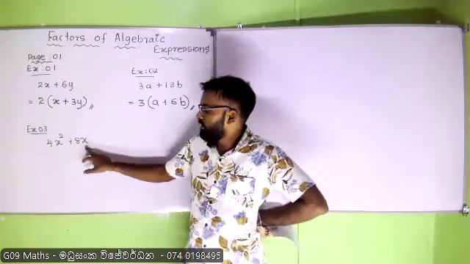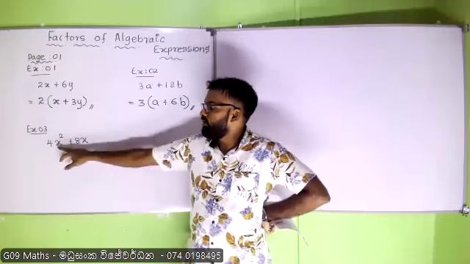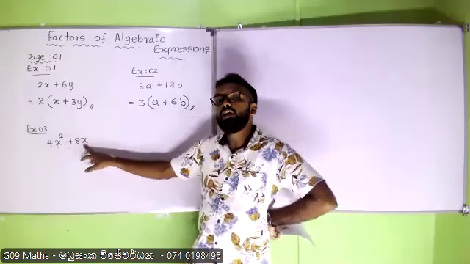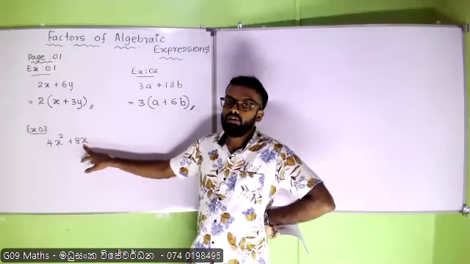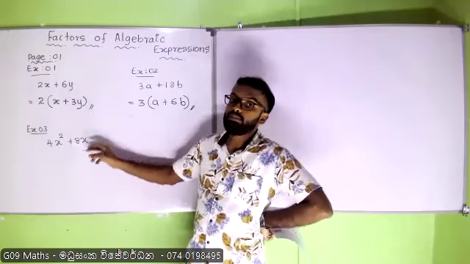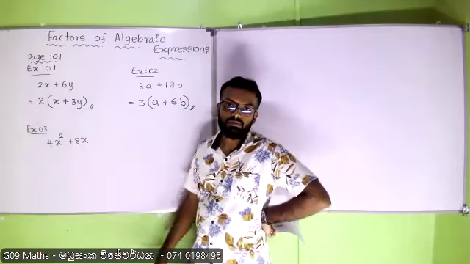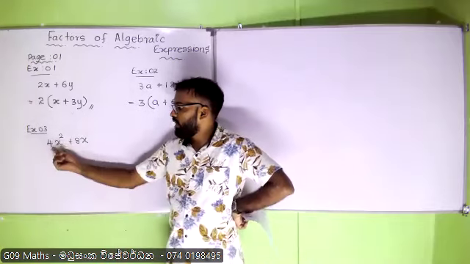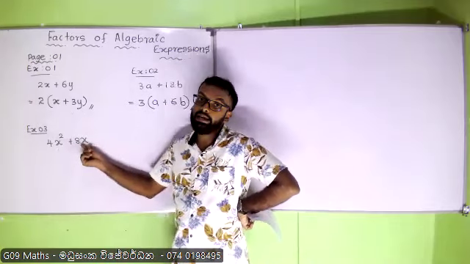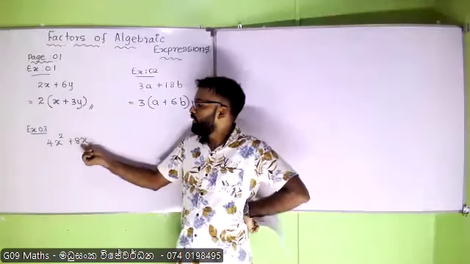Right? X to the power 1, x to the power 2. Here we have x terms and also here we have x terms. What is the maximum x term that we are going to take out? X to the power 1, the minimum power.